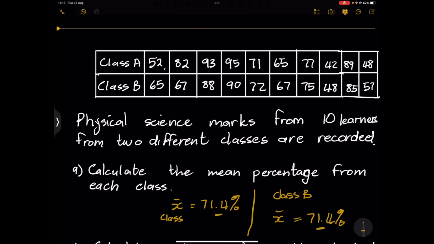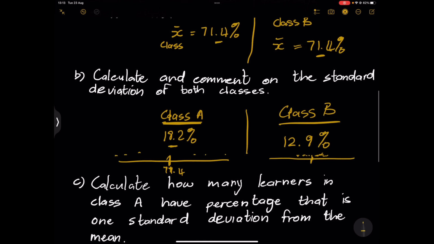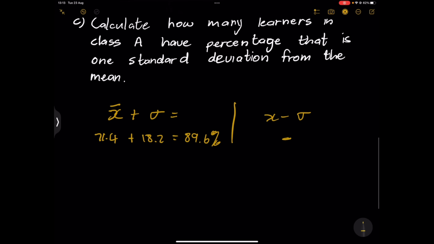I see there I've got 93, I've got 95, and I have got 89. No, that would not. So I've got 2 learners over here that are above the standard deviation.